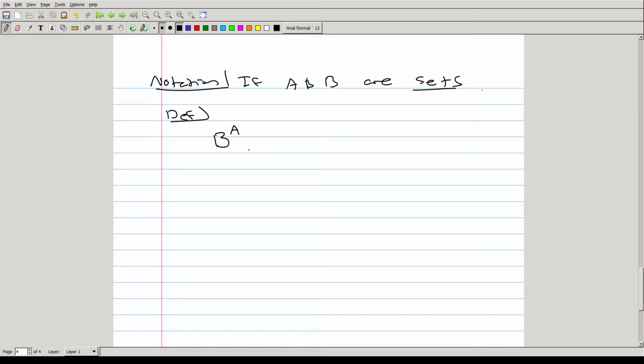B with an A above it is the set of all functions from A into B. That is, the set of all f such that f is a function from A to B.